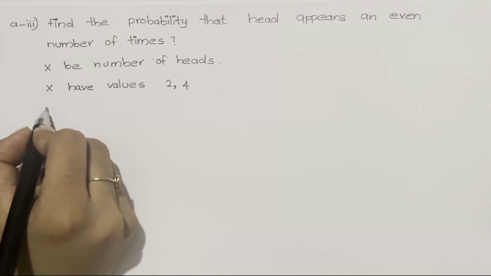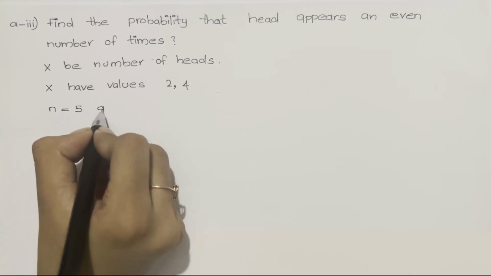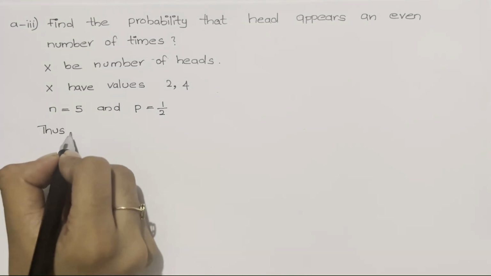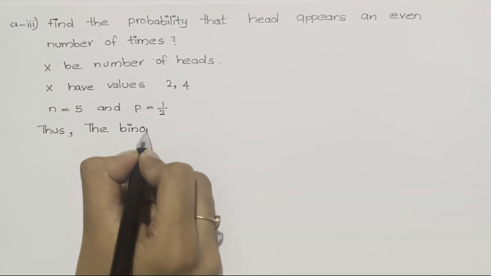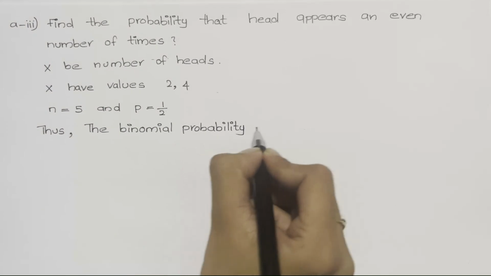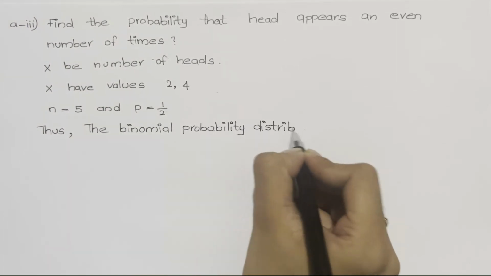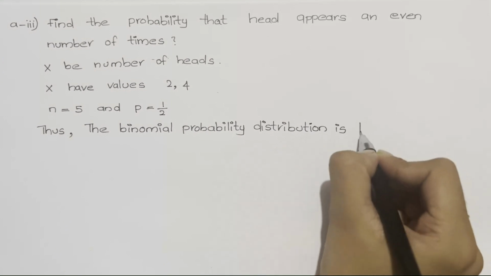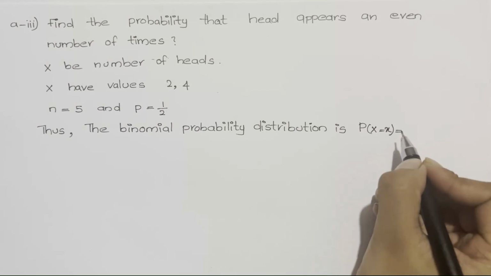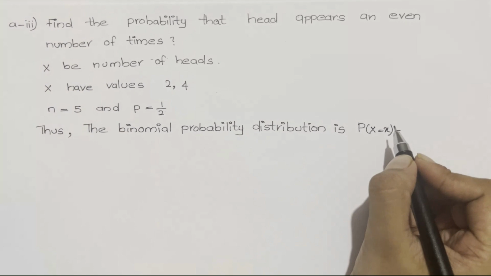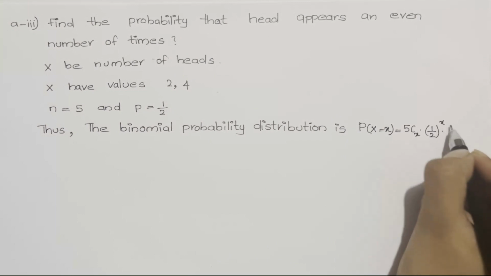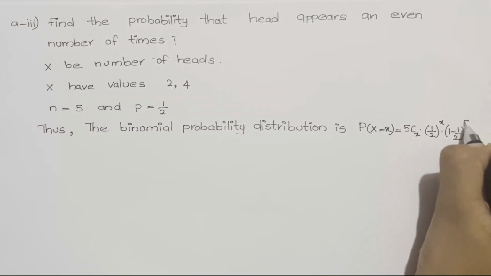From the above problem, we got number of trials equal to 5 and probability of success equal to 1 by 2. Thus, the binomial probability distribution is P of X equal to x equal to 5Cx into (1 by 2) raised to x into (1 minus 1 by 2) raised to 5 minus x.